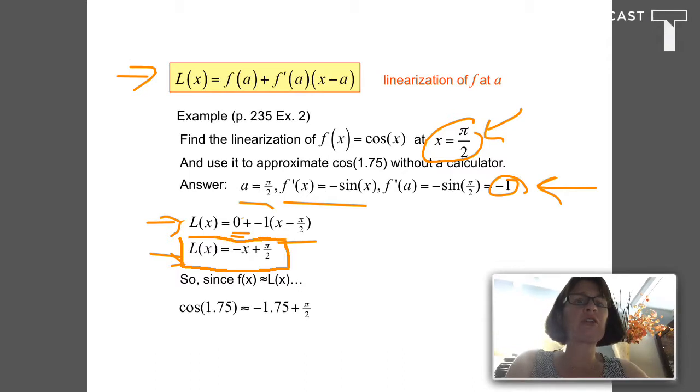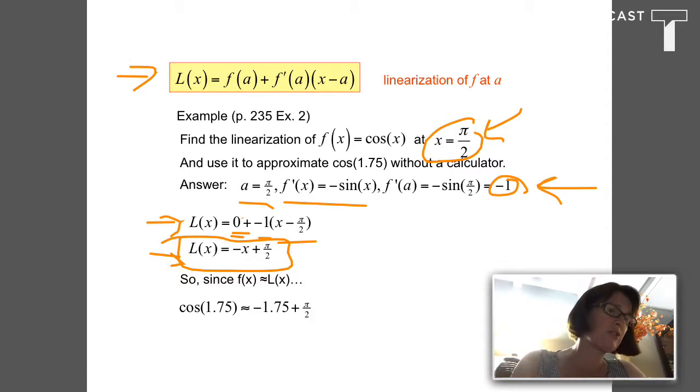Find the linearization of cosine of x at pi over 2. Now the second step, they've asked us to use that linearization to approximate cosine of 1.75. Well, cosine of x is pretty close to this linearization of x as long as I keep my input value pretty close to pi over 2. And 1.75 is pretty close to pi over 2.